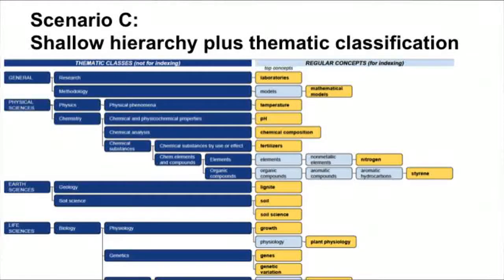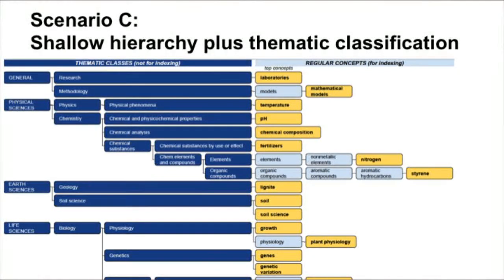And scenario C, the idea of having a shallow hierarchy, not worrying too much about top concepts, but providing a thematic classification, using thematic classes that would not be intended for indexing.